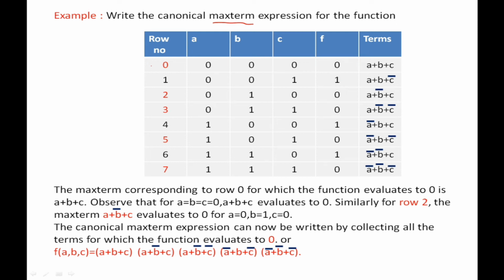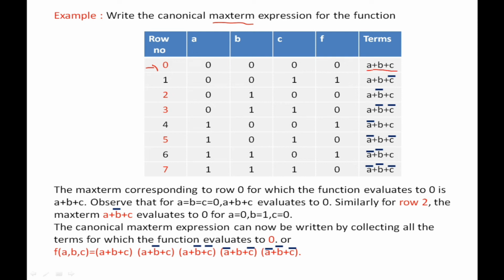Now we have rows 0, 1, 2, 3, 4, 5, 6 and 7 being represented. The first row is 0, 0, 0. So a is 0, b is 0 and c is 0. The function is evaluating to 0, that is a plus b plus c.